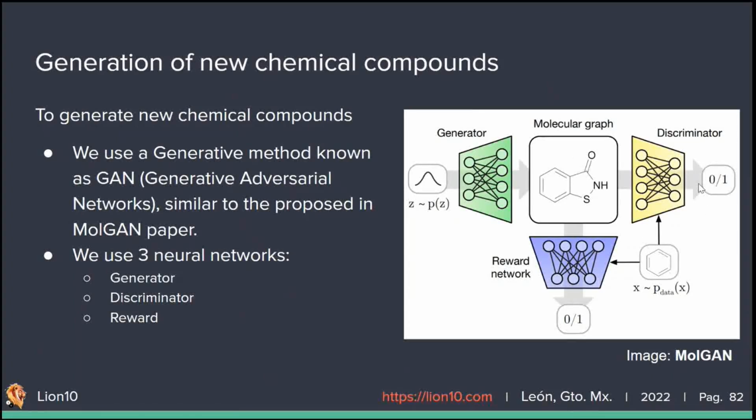Recall we talked about a loss function in our training stage, when we were talking about how training works. The discriminator in this case is going to be a very similar concept.